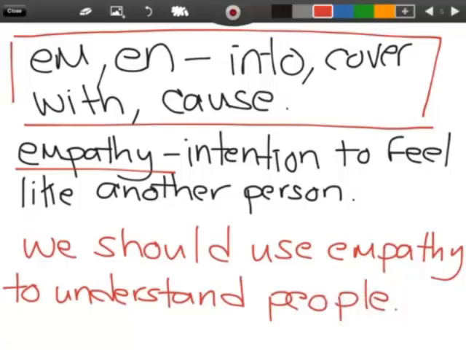I'm going to go ahead and read that to you. We should use empathy to understand people.